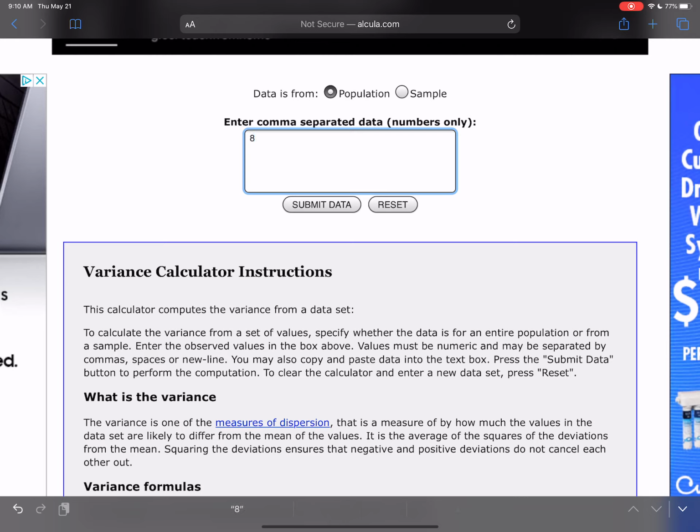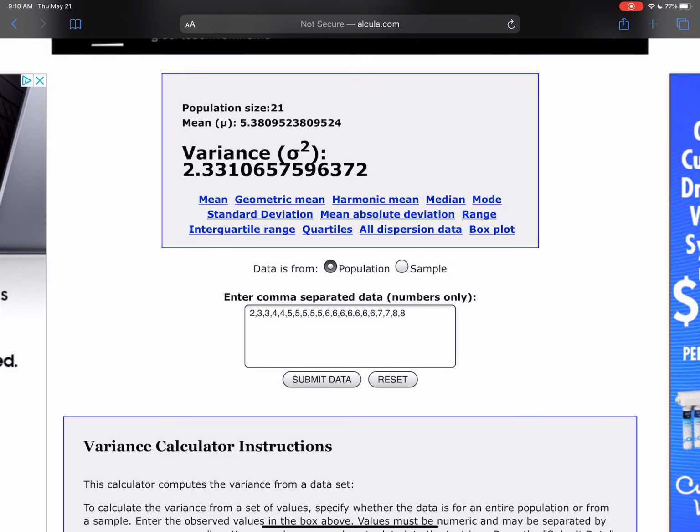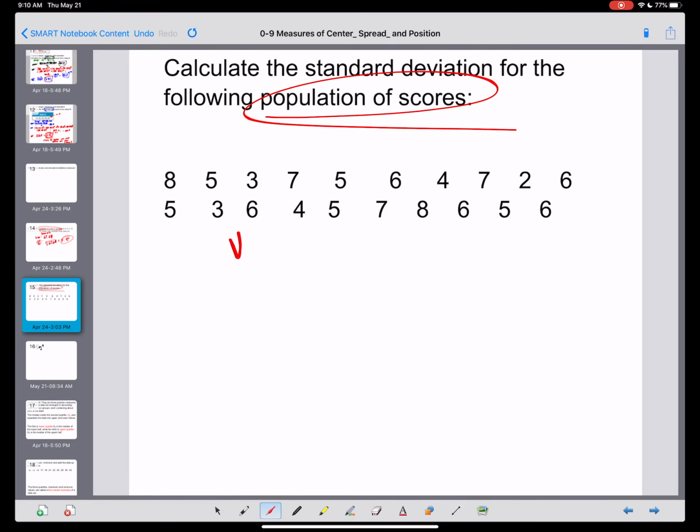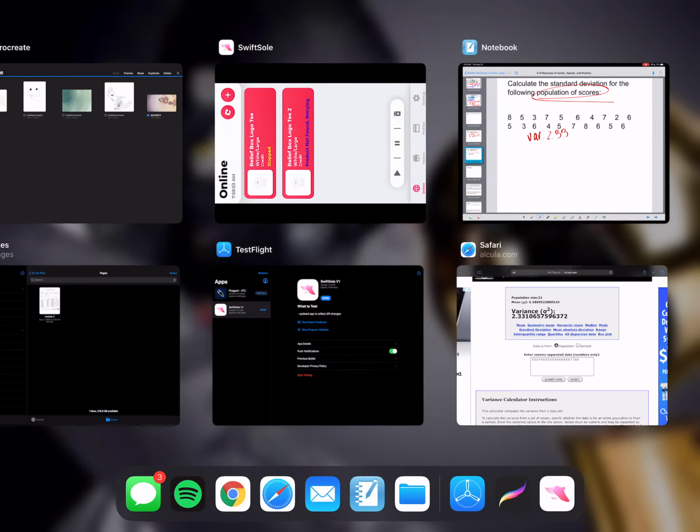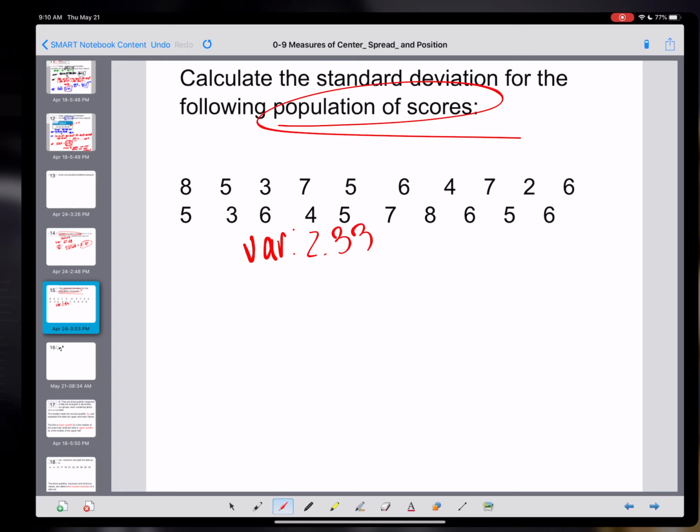The numbers are 8, 5, 3, 7, 5, 6, 6, 4, 7, 2, 6, 5, 3, 6, 4, 5, 7, 8, 6, 5, 6. Okay, so submit my data. Boom, my variance is about 2.33.